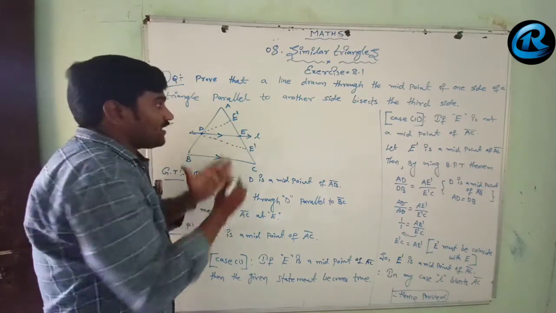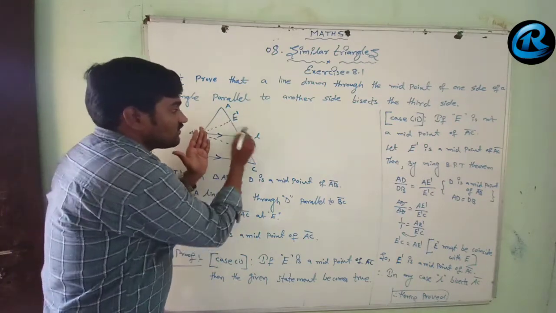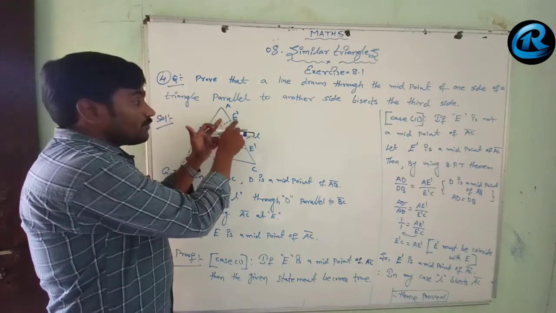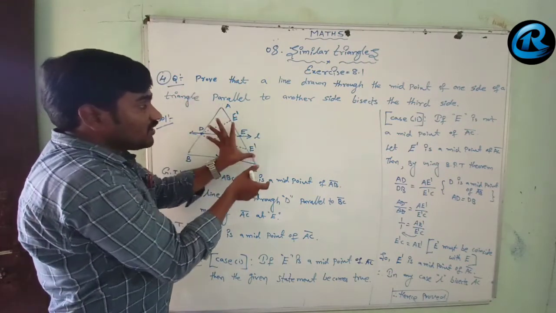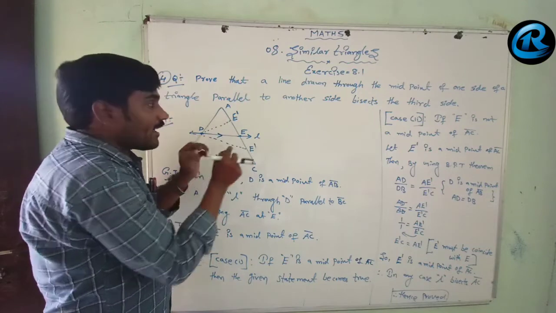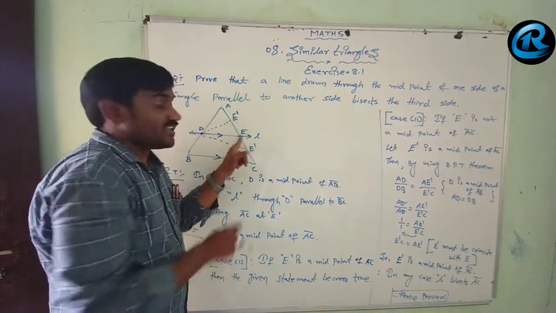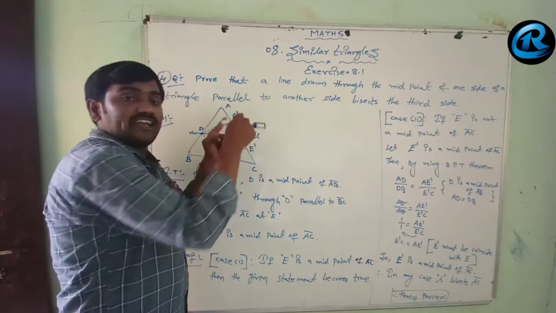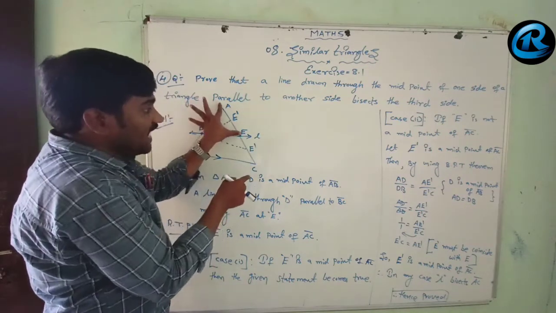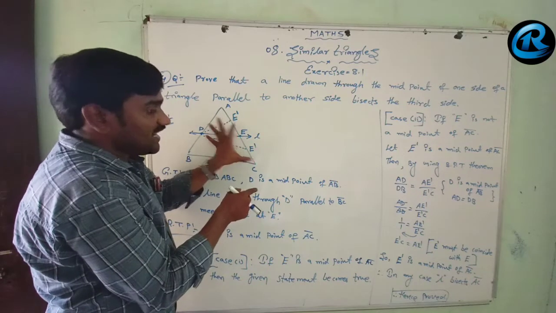It only happens when E dash is coincident with E. Only when E dash is exactly at E does AE dash equal E dash C.